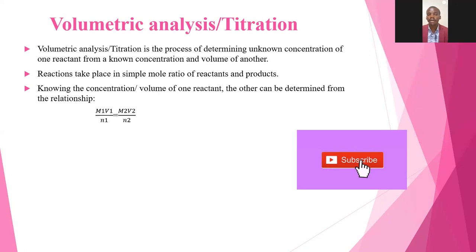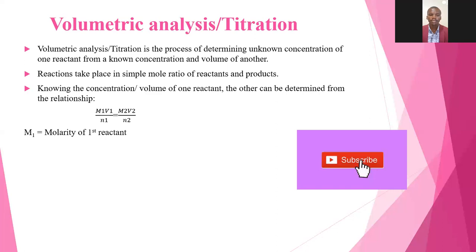We have molarity 1 times volume 1 over the number of moles 1 should be equal to the molarity of the second solution times its volume, that is volume 2, over the moles of the second solution.